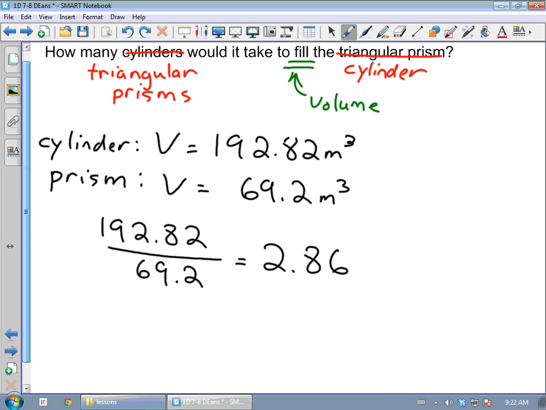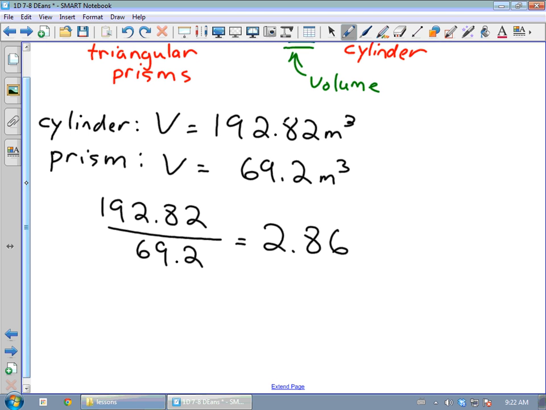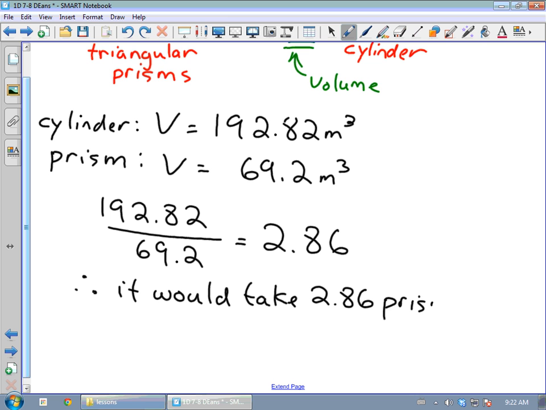For a question like this, it's not immediately clear from doing the calculation what this 2.86 means. So we put a little sentence at the end explaining it. This means that it would take 2.86 prisms to fill the cylinder.